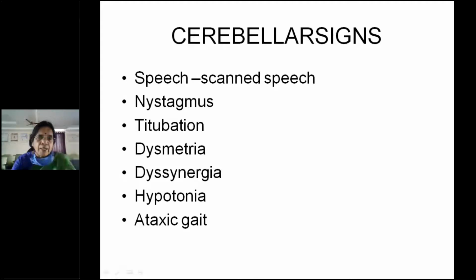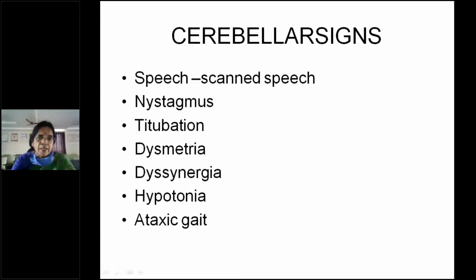With open eyes itself they can have it in case of a cerebellar lesion, whereas in posterior column lesion they can stand normally. If they close their eyes, then the swaying will increase. When the swaying increases on closure of the eyes or in the night time, that is a sign of a posterior column lesion. That we call the Romberg test.